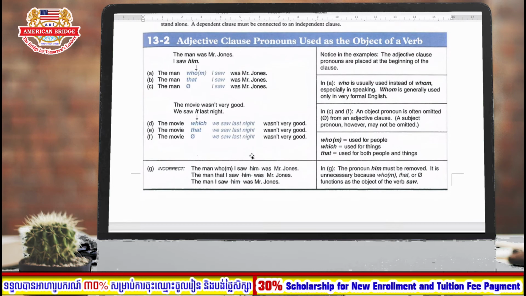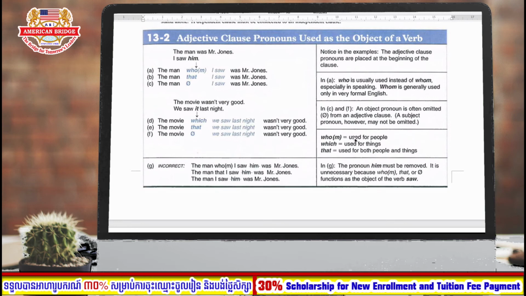Remember, we can use whom for the adjective clause pronoun as the object to refer to people, which to refer to things, and that to refer to both people and things. And try not to use any object pronoun in the clause, as you can see here.